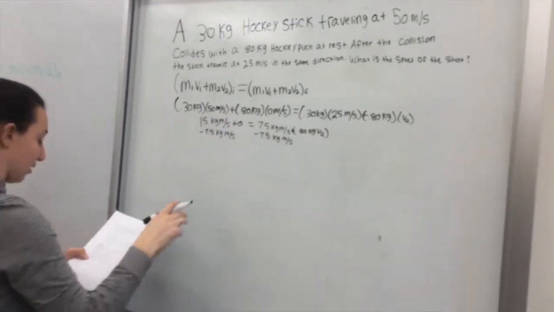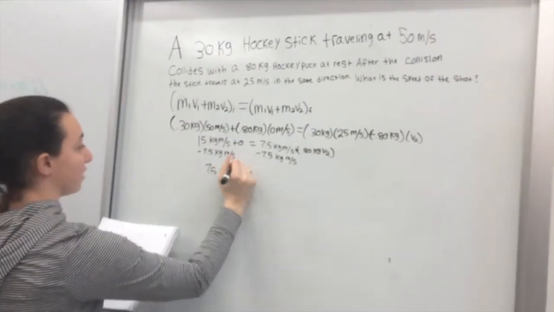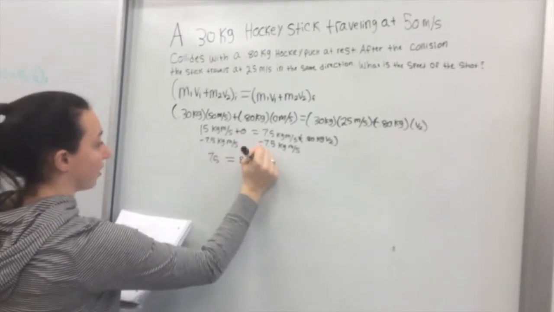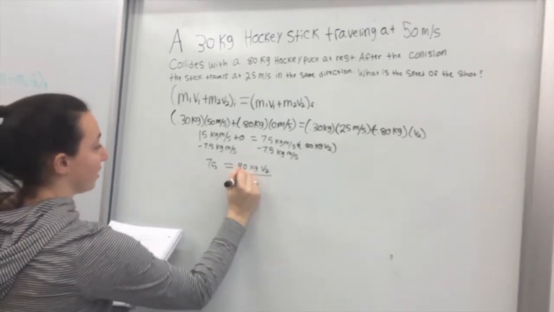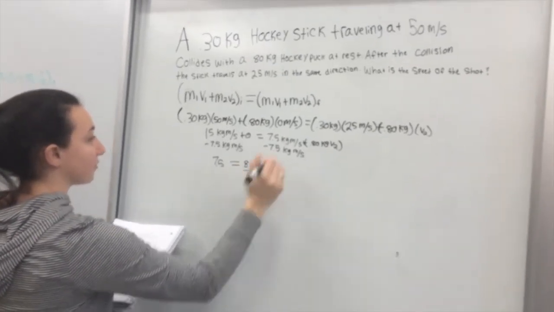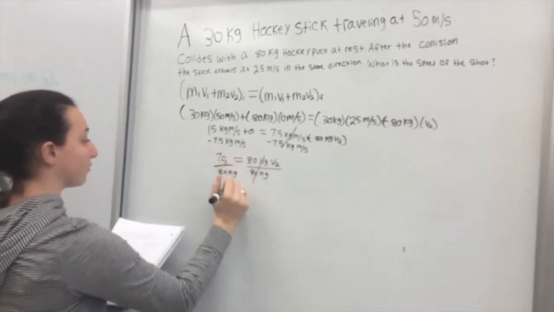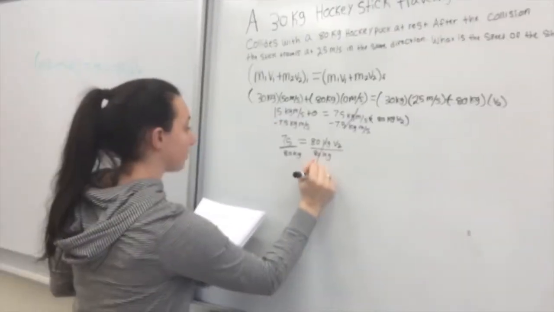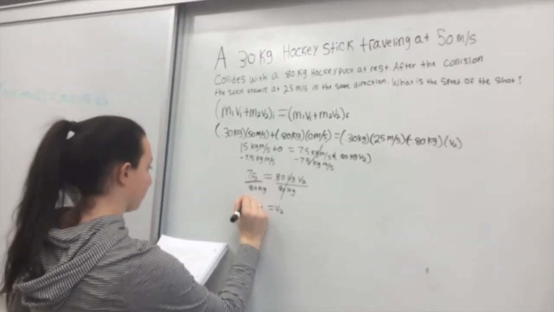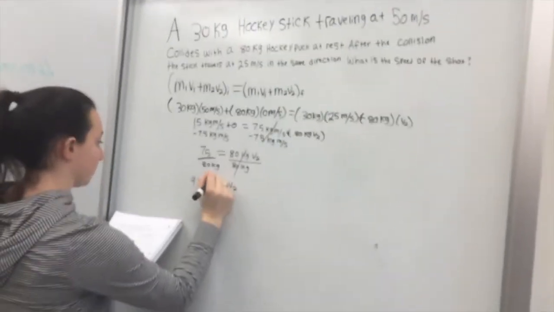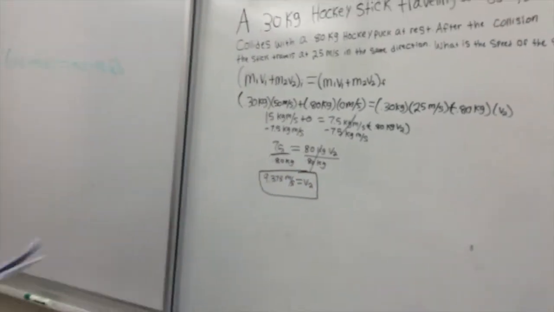On this side you would get 7.5, and on this side you'd get 0.80 kilograms V2. You'd divide by 0.80 kilograms. And you would get 9.375 meters per second as the speed of the shot after the collision.